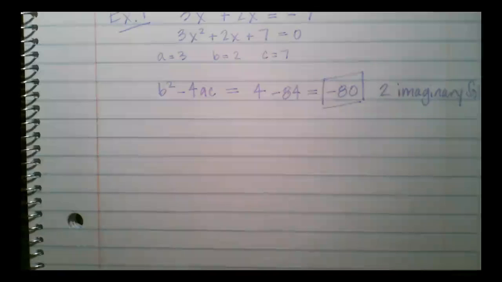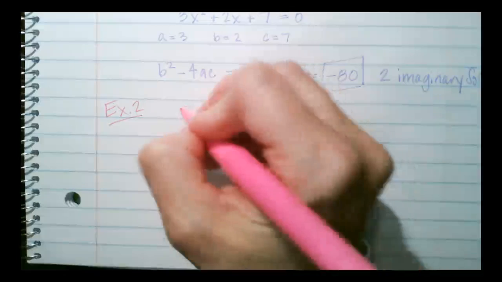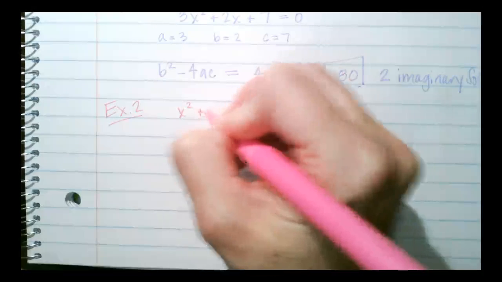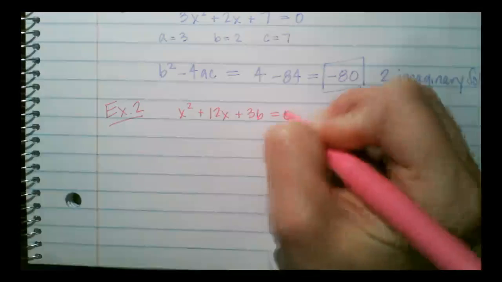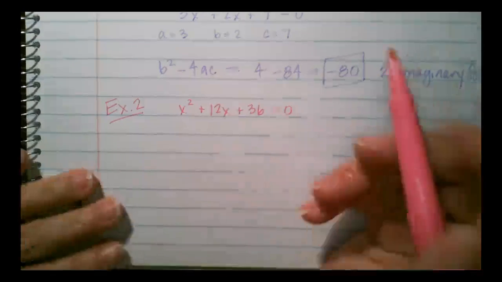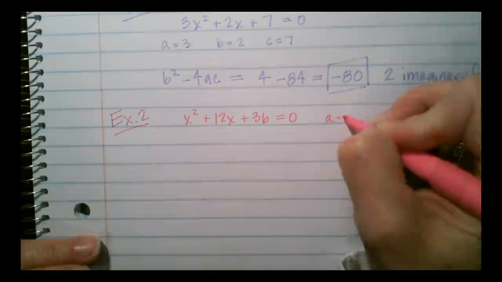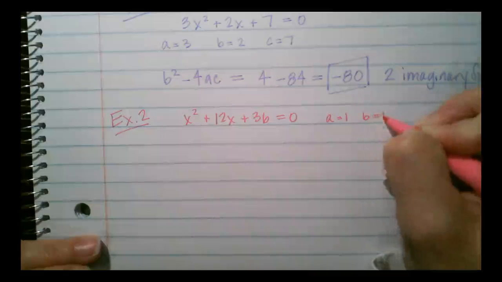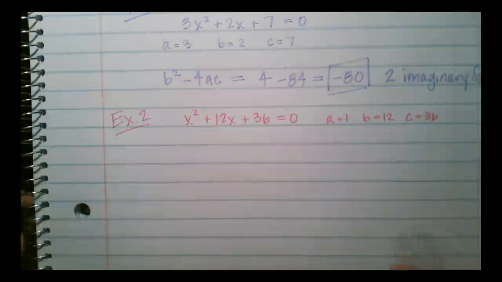All right, let's try another one. So for example 2, how about x squared plus 12x plus 36 equals 0. Looking at this, I know that a is 1, b is 12, and c is 36.